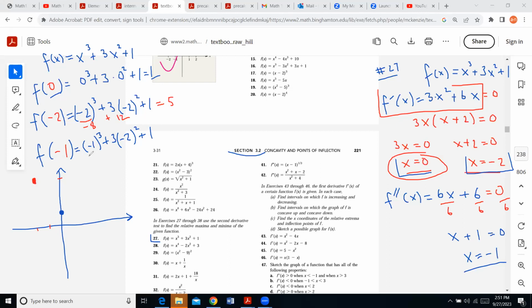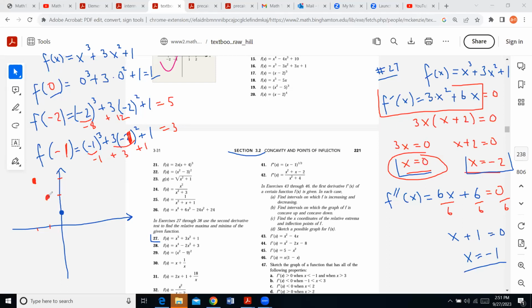And finally, here we have a -1. 3 times, actually, I should be careful, that's -1, right? We use -1. So 3 times 1 is just 3, and plus another 1, so we get a 3. So another point with coordinates -1 and 3, somewhere, say, in between these.